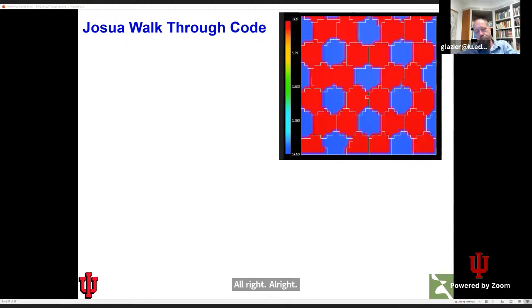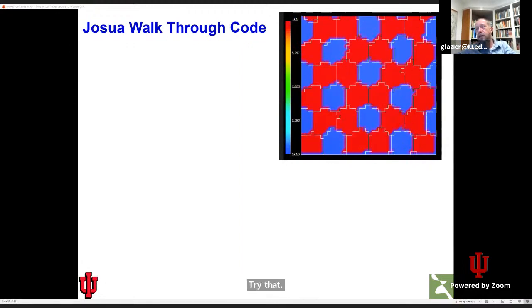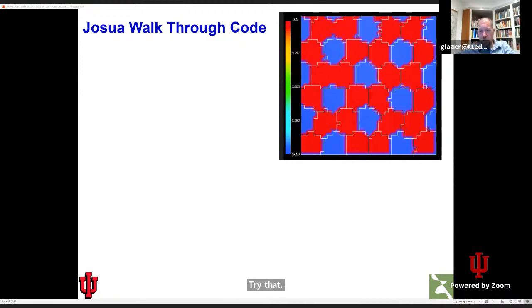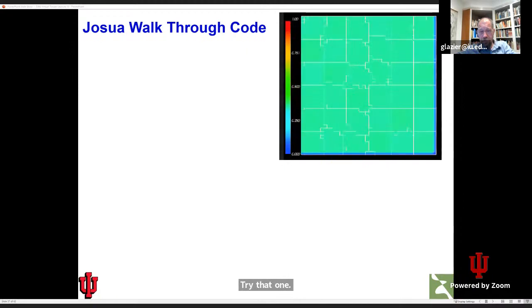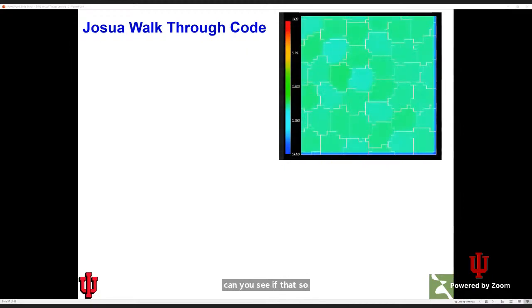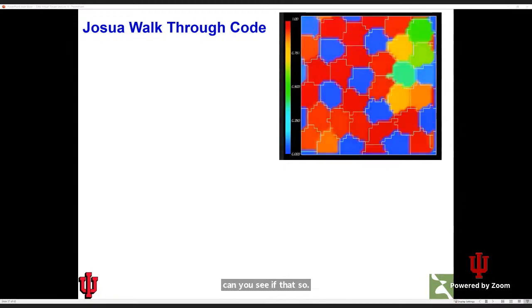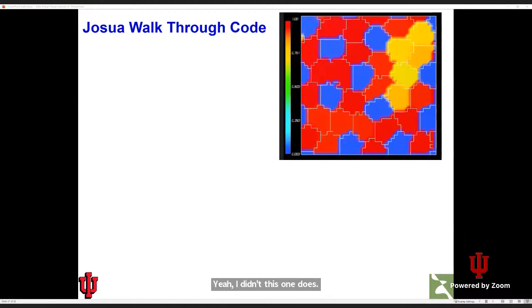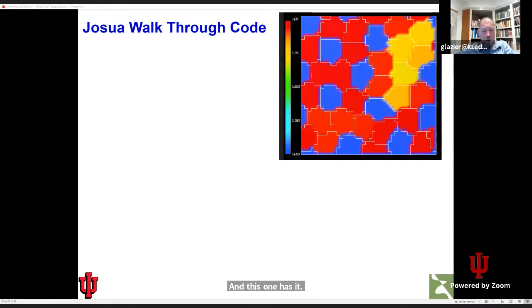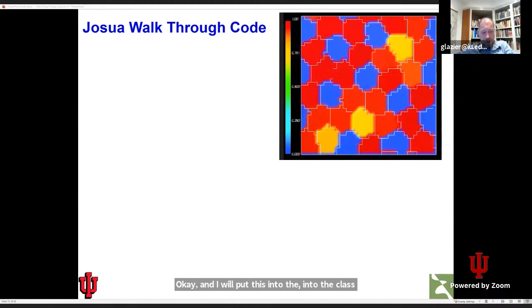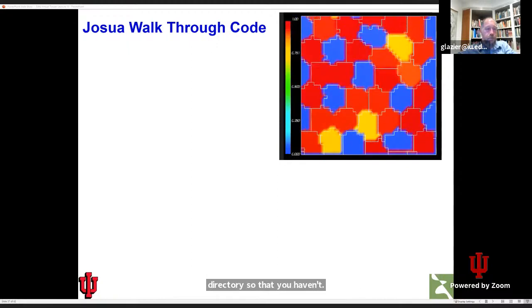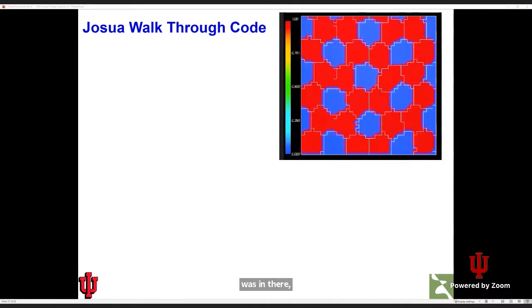Yeah, try that. Okay, can you try that one? Josh, can you see if that's the right one? Yeah, I think this one does. Yeah, this one has it. Okay, and I will put this into the class directory so that you have it in the right place. So one second now.